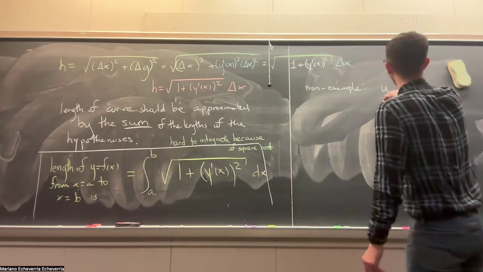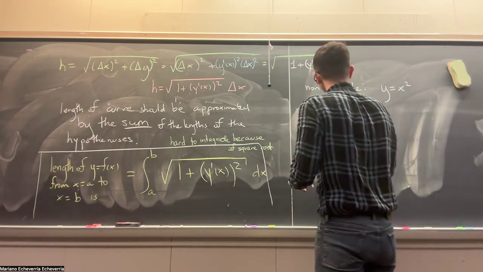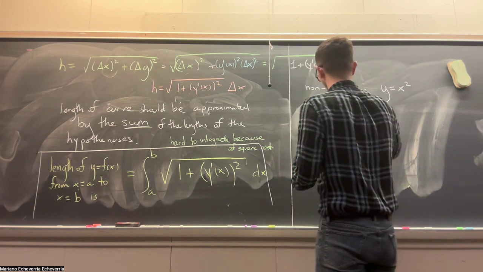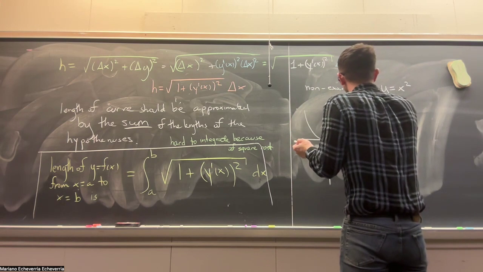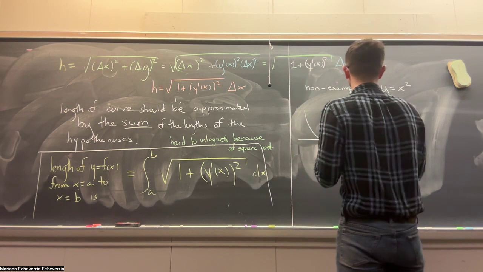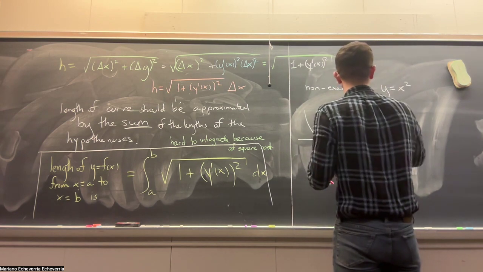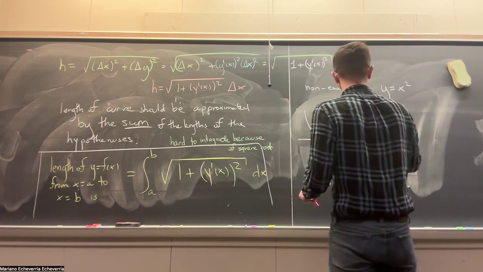Let's say y equals x squared. You have the parabola here. It doesn't matter what you put, maybe you want the length of the parabola from x equals 1 to x equals 2, whatever.